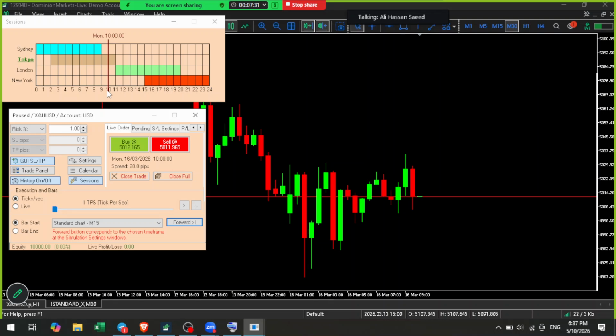We have explained the timing issue beforehand. At 10 o'clock we have London Open, so 1 hour before that is our pre-London, and 1 hour before that is our 4 hour candle close.